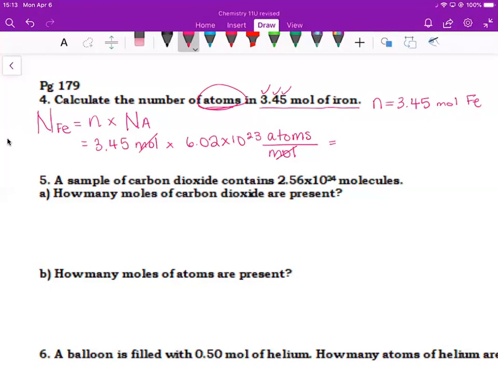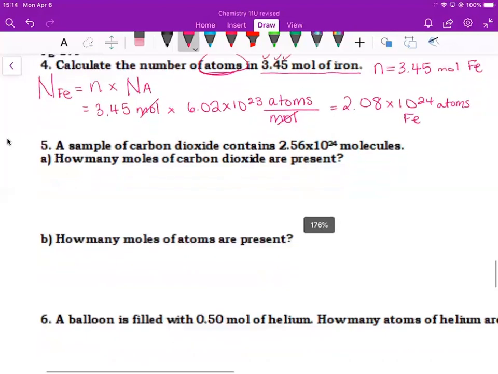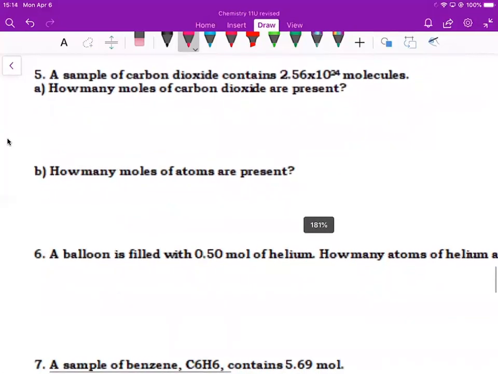Since there are only 3 significant numbers in 3.45, I can only keep 3. So I'm going to round that 7 up to 8: 2.08 times 10 to the 24 atoms of iron.